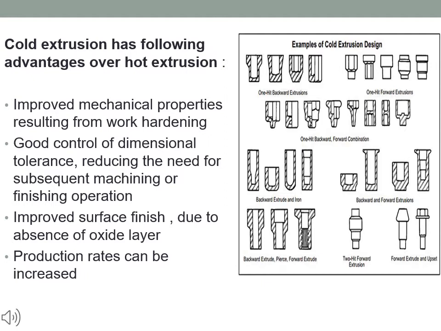Improved surface finish due partly to the absence of oxide film, provided that the lubricant is effective. Production rates and costs that are competitive with those of other methods of producing the same part, such as machining. Some machines are capable of producing more than 2000 parts per hour.